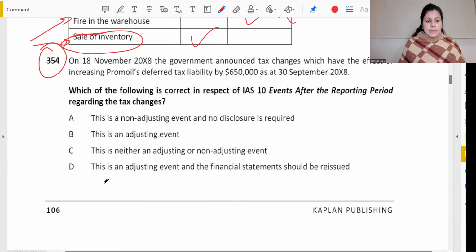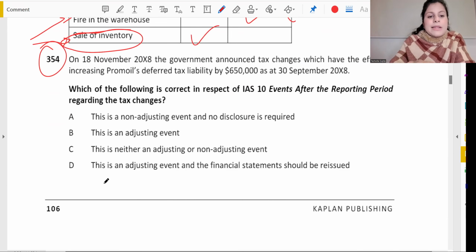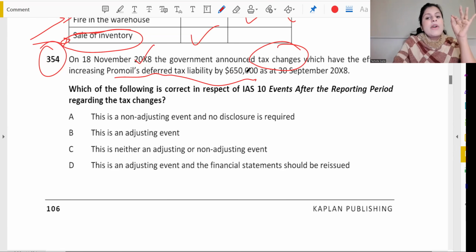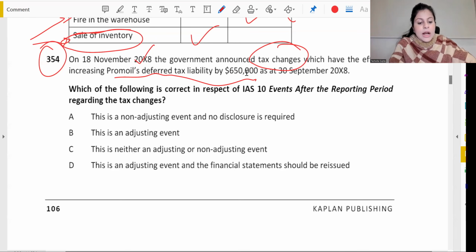Next, on 18th November, once again after the reporting date, the government announced tax changes which have the effect of increasing Promoil's deferred tax liability by 6,50,000. Government changed the rules. What do you think?